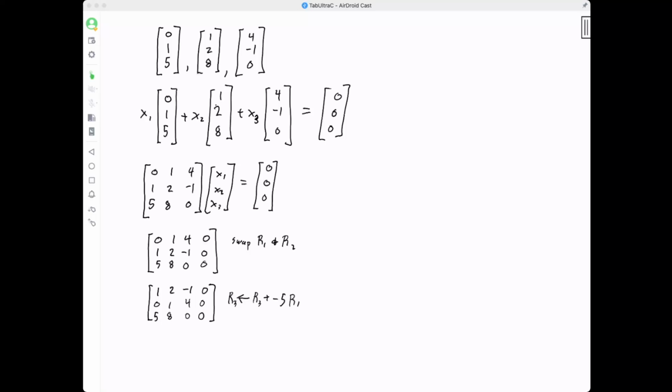The first two rows stay the same, and row 3 becomes 0, -2, 5, 0.